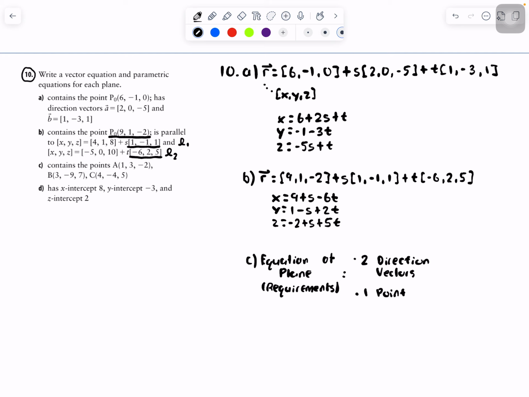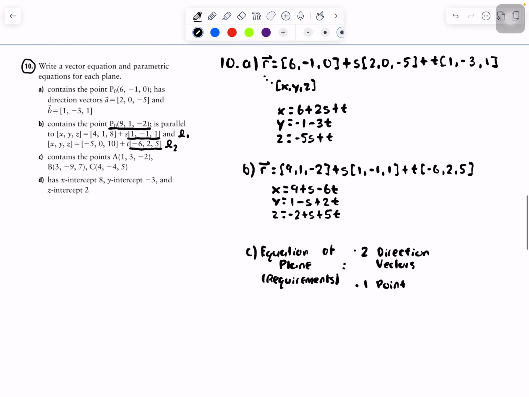So I have the latter, I have the point. I can choose either A, B, or C. That doesn't really matter. It's the 2 direction vectors that are difficult. But I can form 2 direction vectors quite easily from having 3 points.